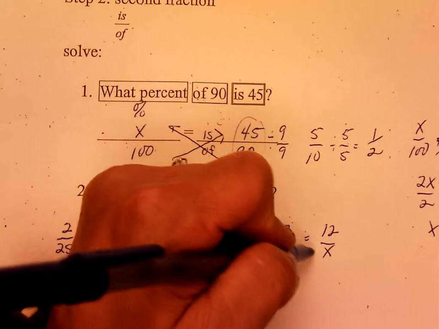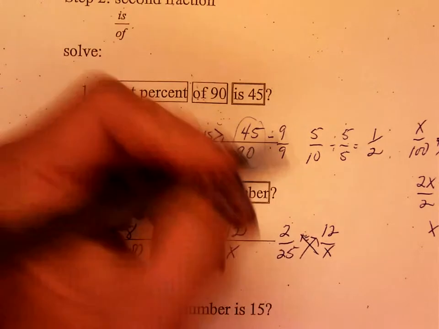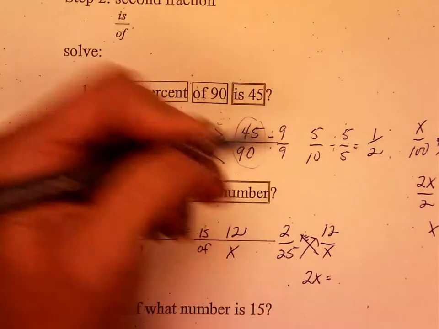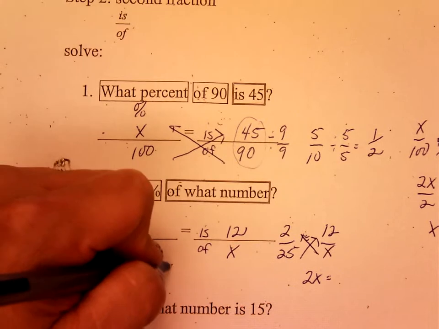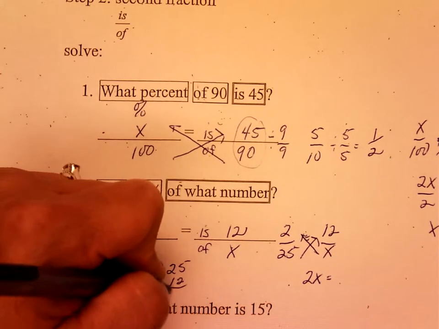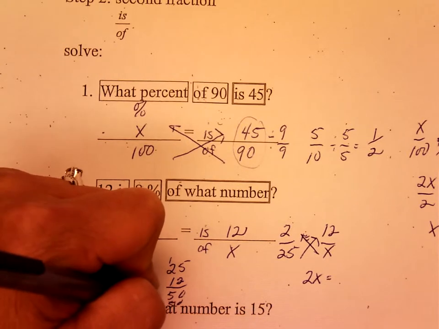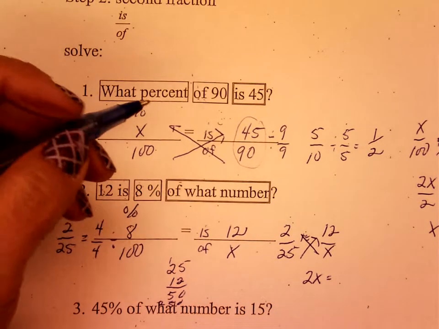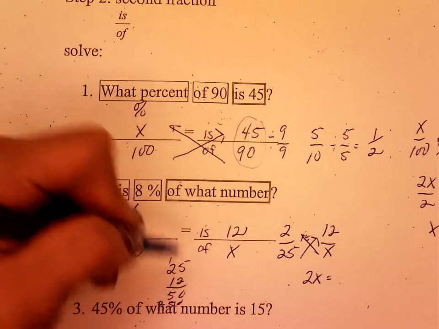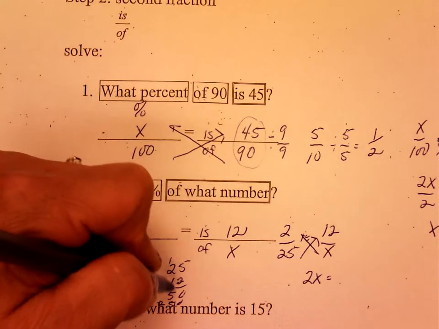Okay, cross multiply and you get 2x is equal to, well, 25 times 12 is 300, right?